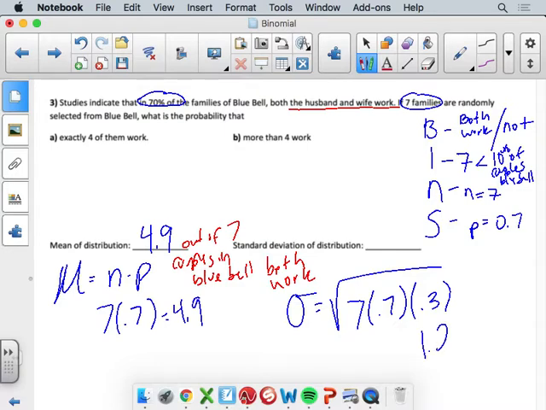So we expect 4.9 out of 7 to both work, but it can deviate a typical amount. A lot of our values are plus or minus 1.2 from that number. All right. So that's our setup.